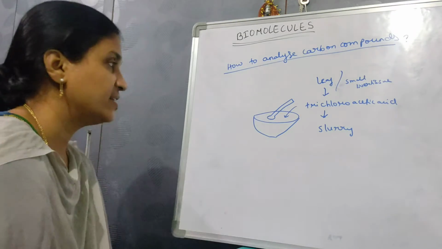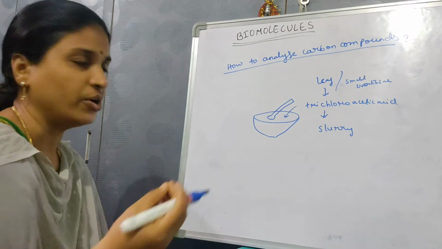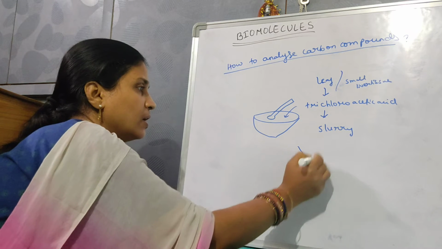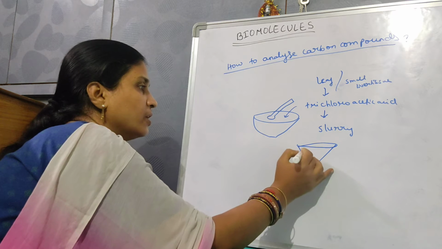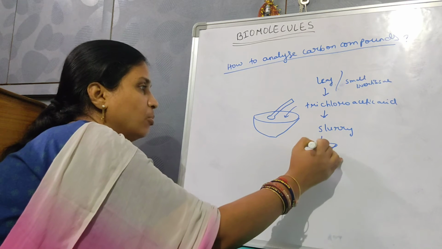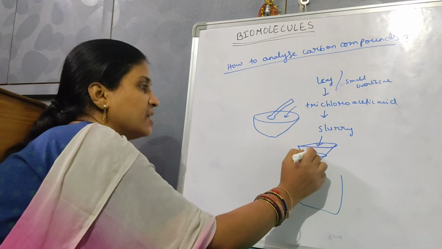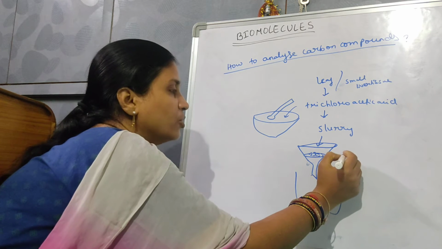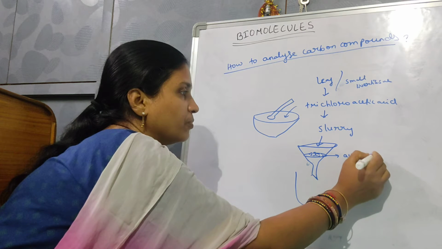Now take this slurry and filter it with the help of a cheesecloth or a cotton cloth. Take a funnel, put the cheesecloth or the cotton cloth here and pour the slurry. So what happens? Here on the cloth you are going to get the acid insoluble portion.